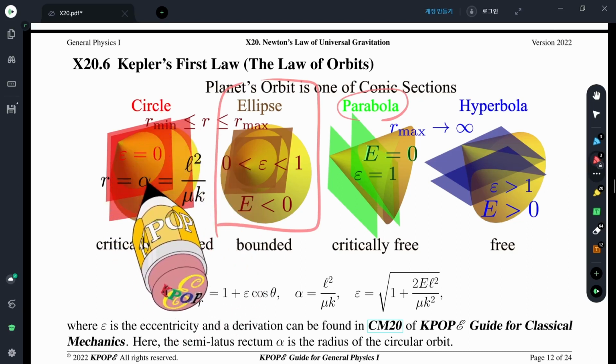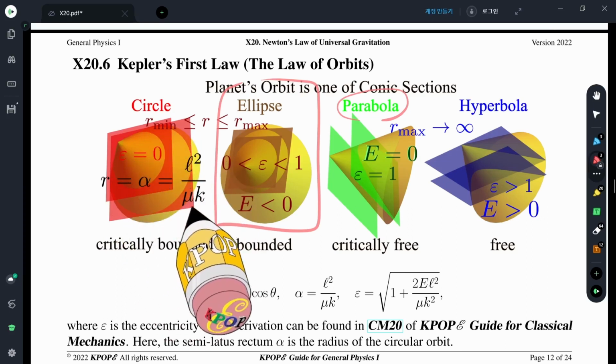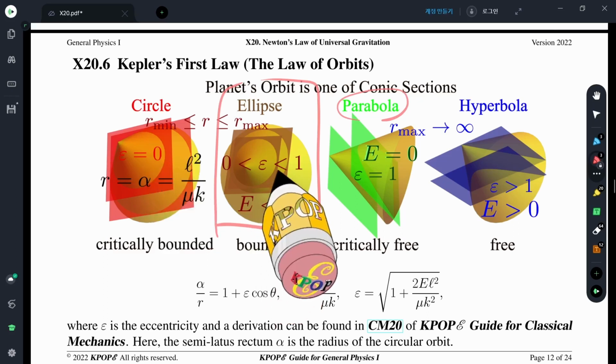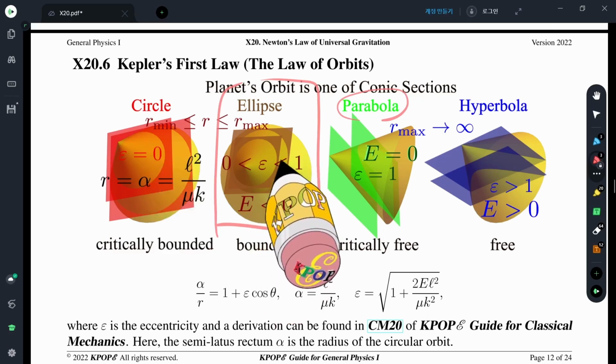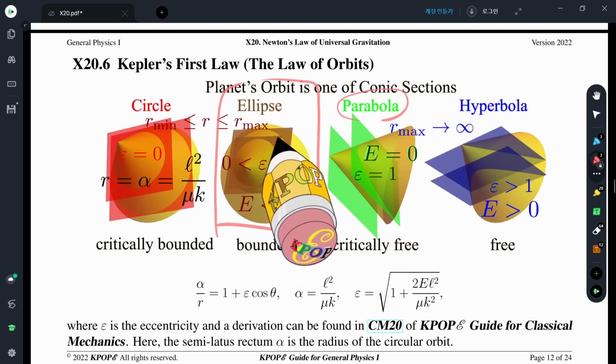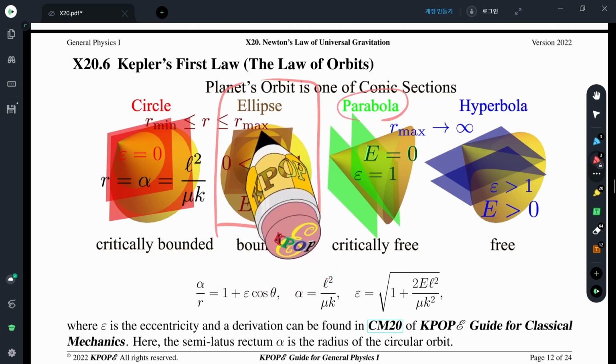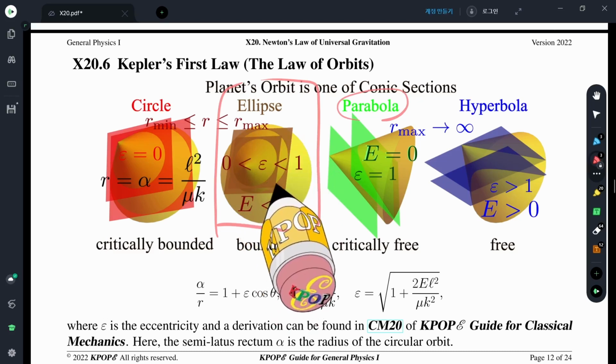It is just a circle. The circular orbit is a cut of this form. An elliptic orbit can be obtained by cutting the cone with some slope with respect to the horizontal plane.